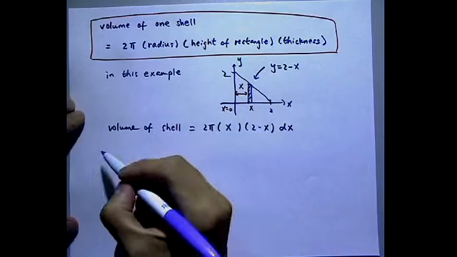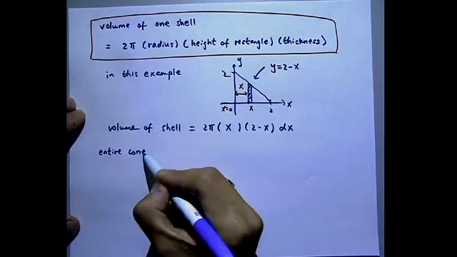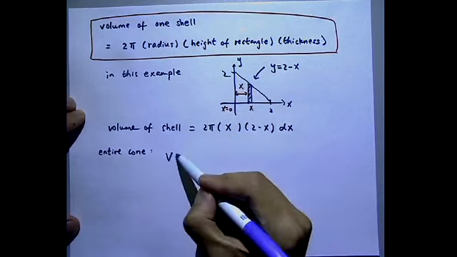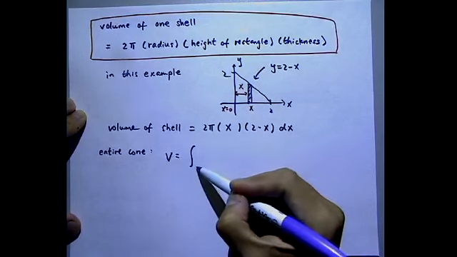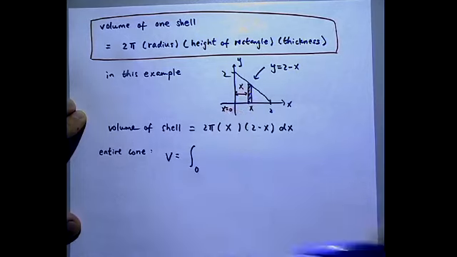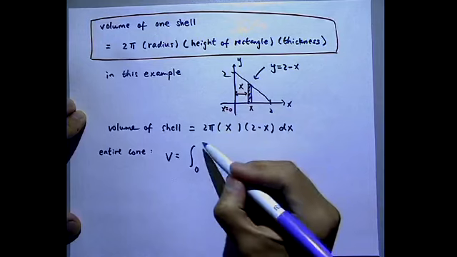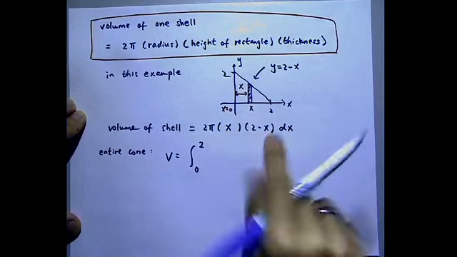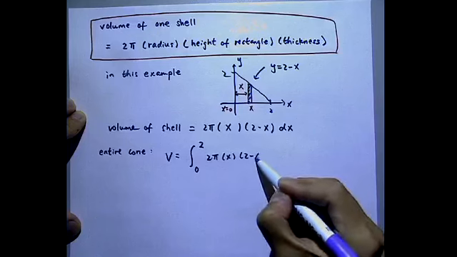Now we integrate. Entire cone. So where do we integrate from? 0 to 2, good. From 0, left of the region, we're integrating in x. So we start at the left, end at 2, and then 2 pi x times 2 minus x dx.